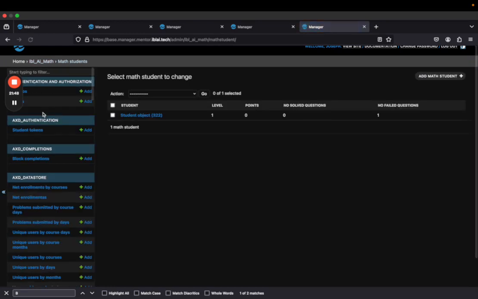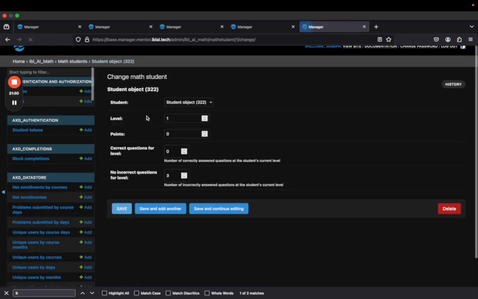For my account, which I just tested with, all the 3 questions I was given, I did get them wrong because it's inherently hard for me to just solve them off the top of my head on the fly. So you see that being logged here with a score of 0.